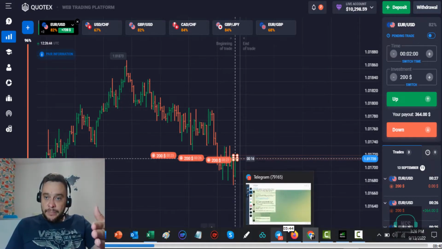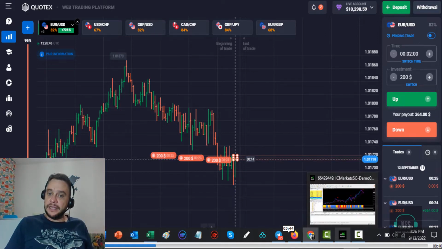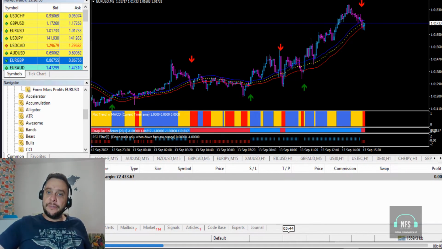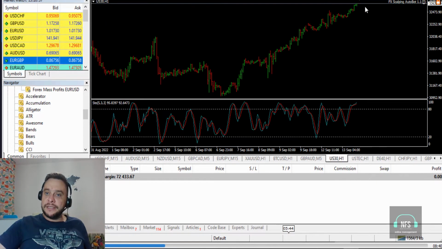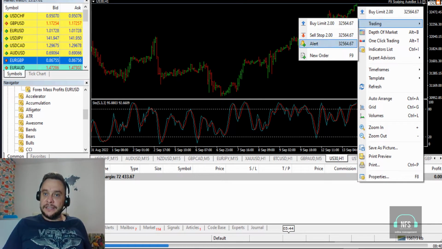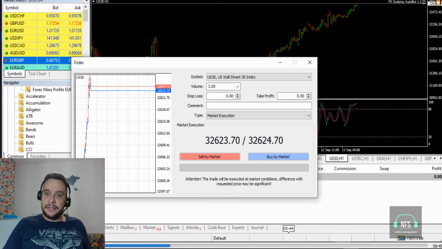Some of these trades will be out of the money, but I've placed other trades, and I'm checking again if the signal remains, even if the price is going up. The down arrow is still there, so that means it's not a repaint trade.